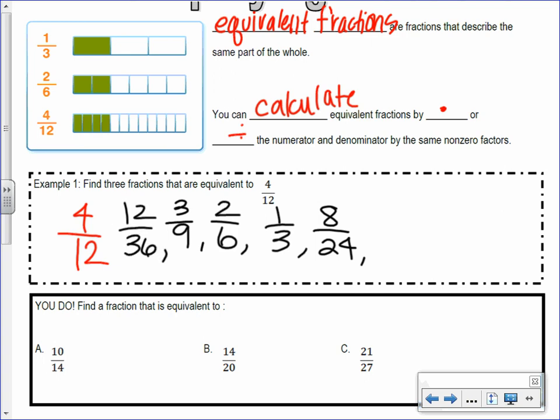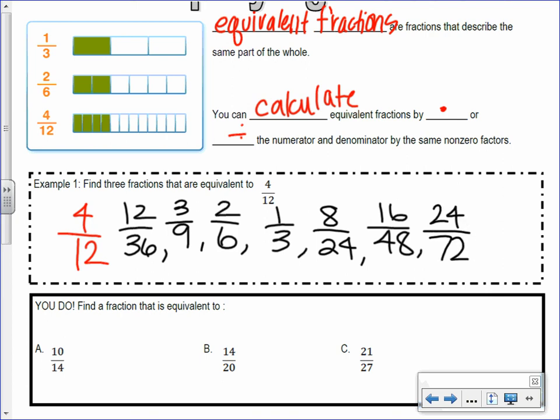Now, Ella, if you're stuck, you could always do just like 1 times 12. You can multiply these by anything you want because they're all the same, so it doesn't matter. Does anyone have one that maybe they want to say? 16/48. Any other ones? 24/72.